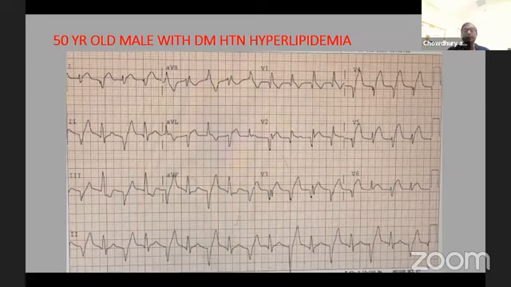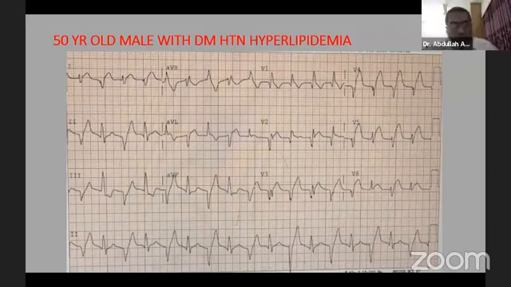This is a wide complex tachycardia, or is this sinus tach with ST elevations? By Gemini, what do you think? The lower panel shows ventricular bigeminy.